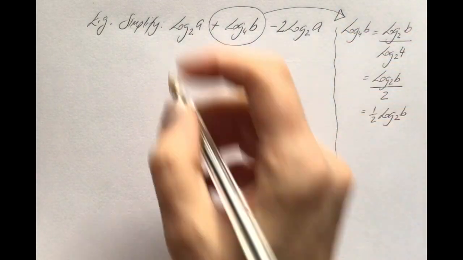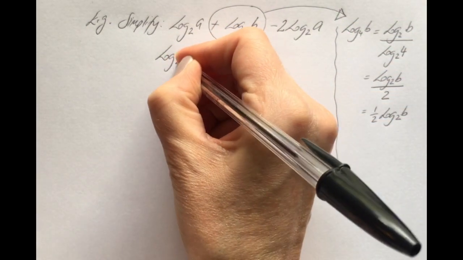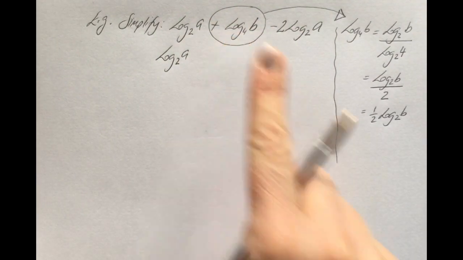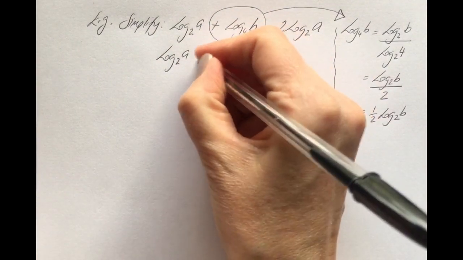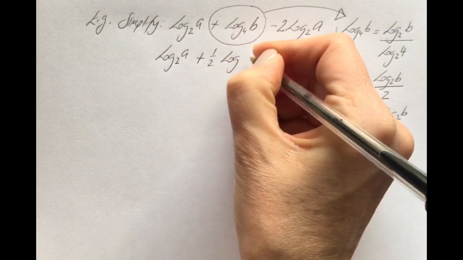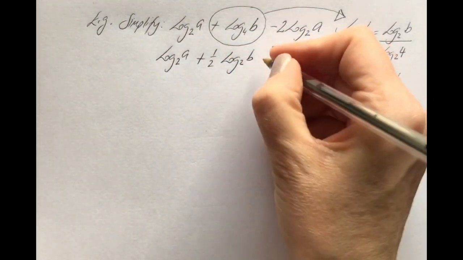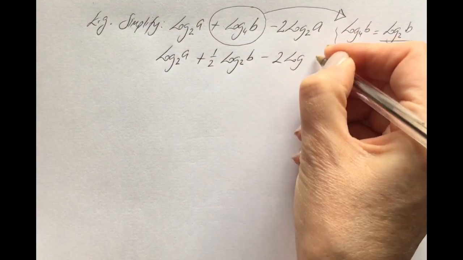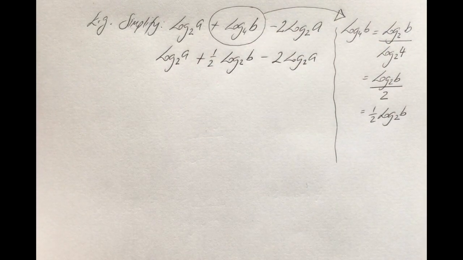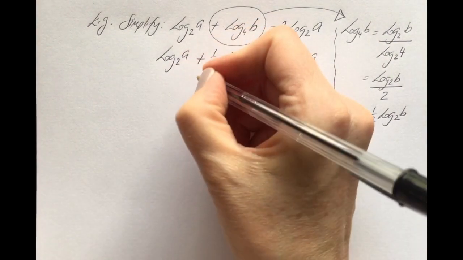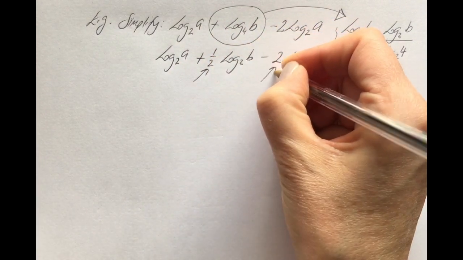Okay, so what do I have? I have log a in the base 2, and now instead of this, I have a half log b in the base 2, minus 2 log a in the base 2. Now we've seen before that I can't apply my laws of logs while there's something in front like this.